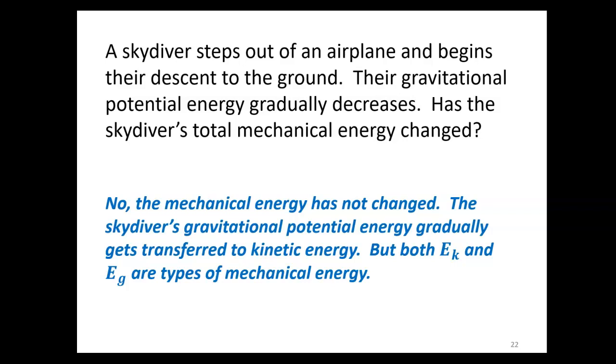In this case, the gravitational potential energy is gradually getting transferred into kinetic energy because the speed is increasing, even though the height is decreasing. So one way of the energy being stored is decreasing, but it's just moving that energy into a different storage mode, kinetic energy. They are both types of mechanical energy, so the total mechanical energy did not change.